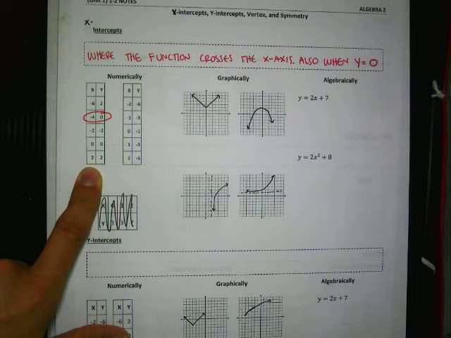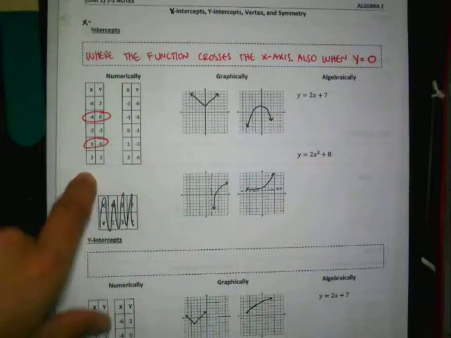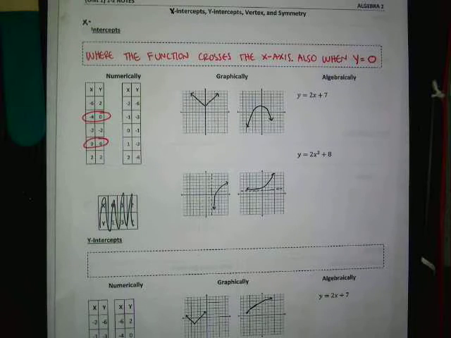Oh, the 0, 0. Yes, very good. 0, 0 is the other one. And you're right, -4, 0 is the second one. They're both x-intercepts. Now, you can have unlimited amount of x-intercepts. The function can cross the x-axis as many times as it wants to.